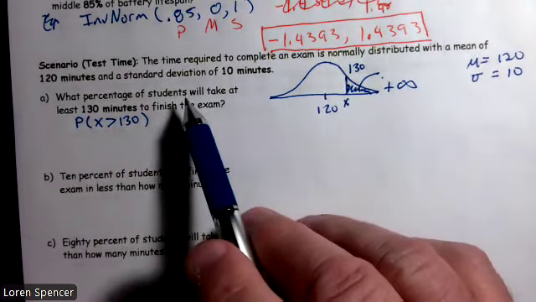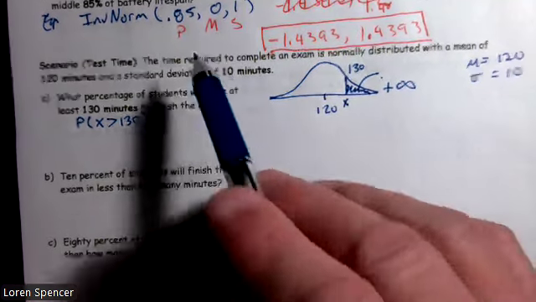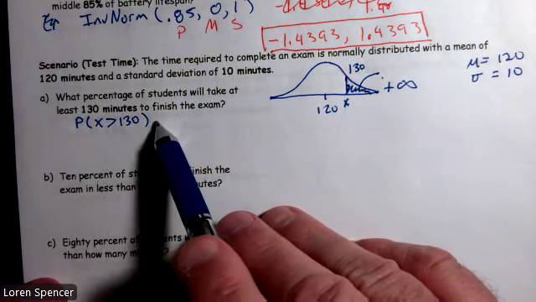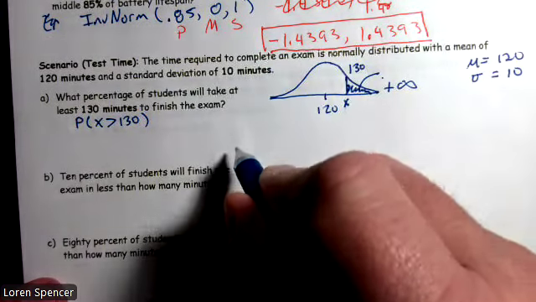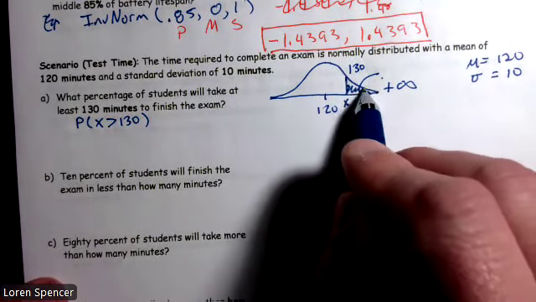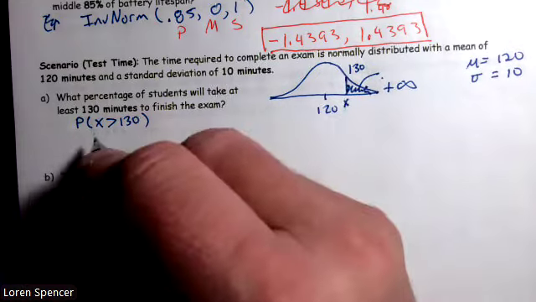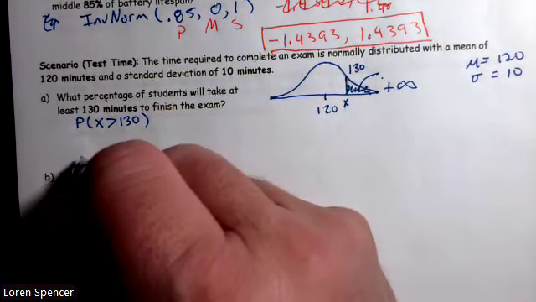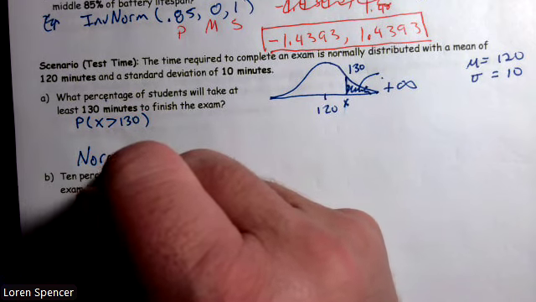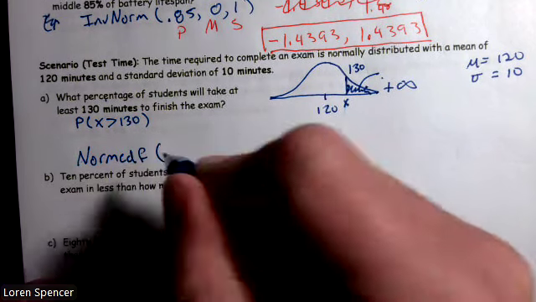Well, remember, if they give you an area, a percent, or a probability like they did above, you're working with the inverse norm. If they ask you for an area, percent, or probability, you're going to use norm CDF. So they're asking me for what this probability is or percent. So consequently, I'm going to have to do a norm CDF.